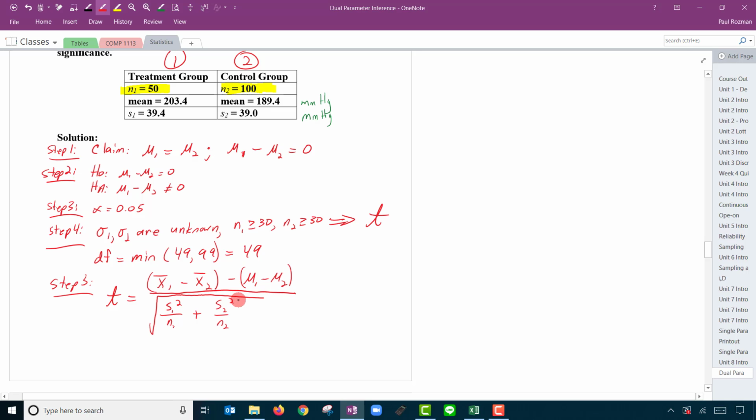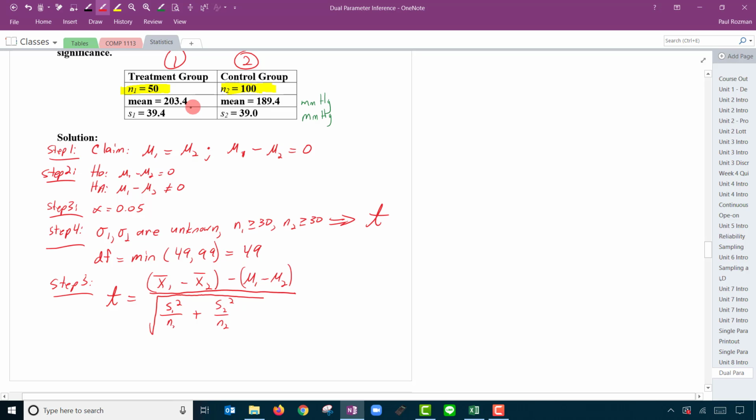If we could assume that the two populations had equal variance, this formula changes a little bit. We can actually pool our s's together, kind of like we did when we had proportions. But let's not deal with that case, because this is a more general case. We're making no assumptions.